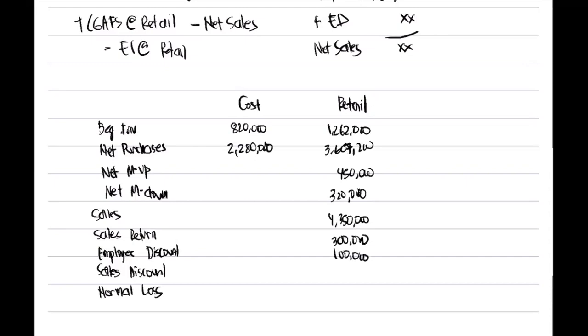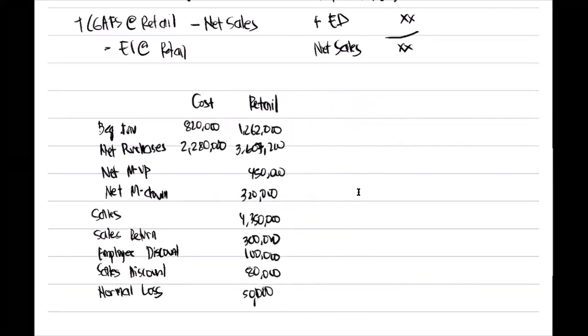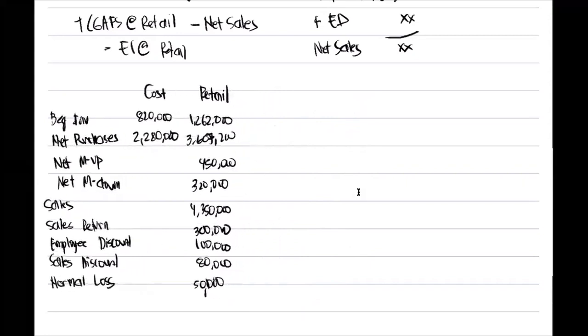Employee discount of 100,000, sales discount of 80,000, and then normal shrinkage of 50,000. Okay, so these are our values. So we are now given the values. So our first step, we compute your total cost of goods available for sale at cost and at retail.